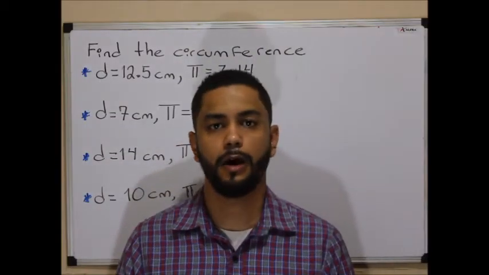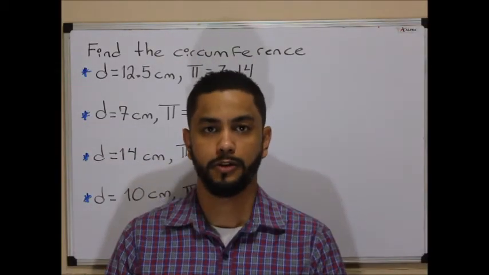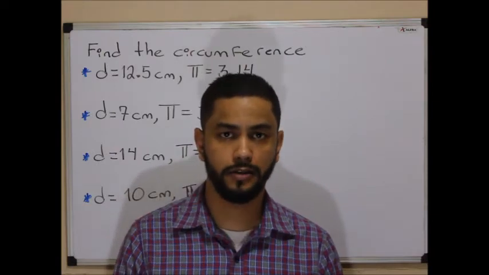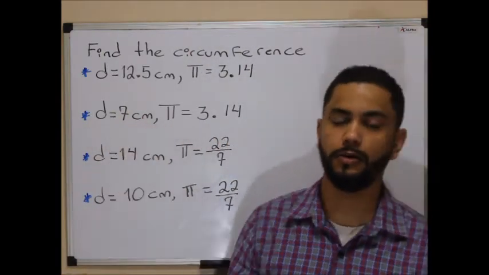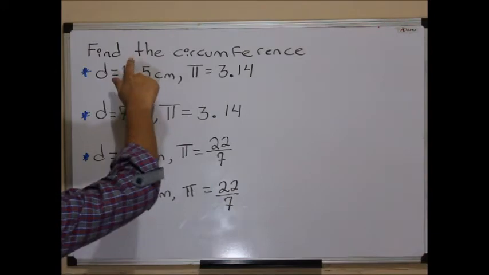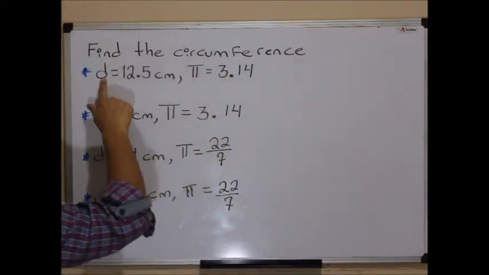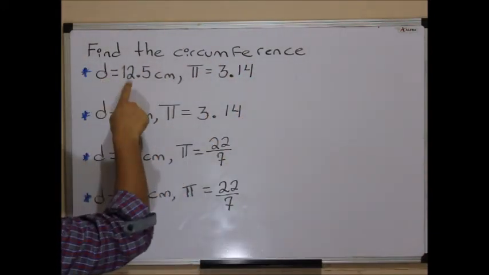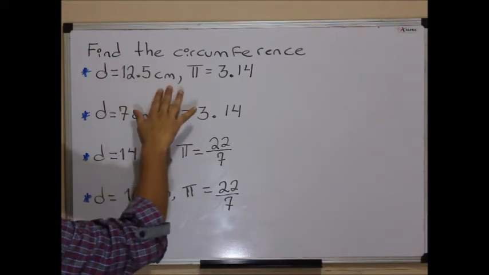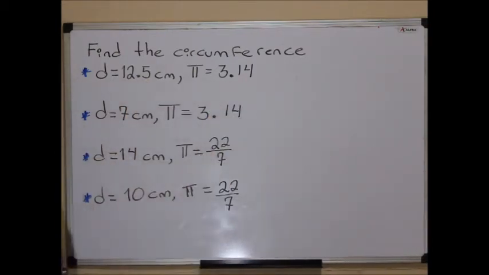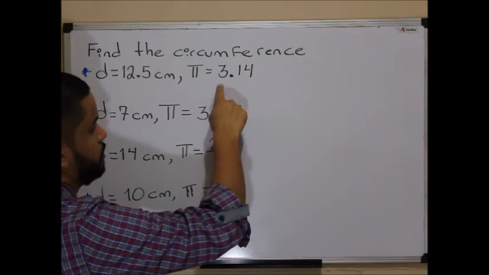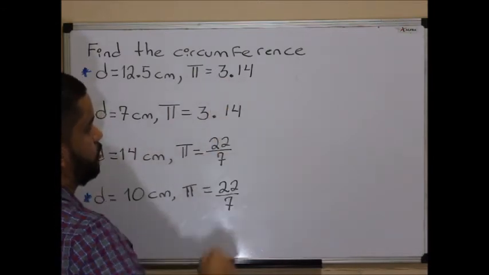Okay, now that we know the two ways to find a circumference, we're going to make those examples. So we need to find the circumference having here d, our diameter, that is equal to 12.5 centimeters with the given pi, that in this case we're going to use 3.14.